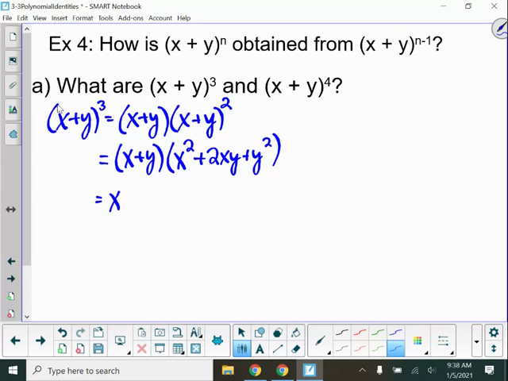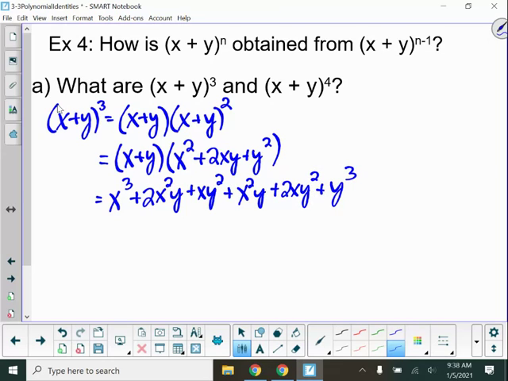So we have x cubed plus 2x squared y plus xy squared plus x squared y plus 2xy squared plus y cubed. Go through and combine your like terms. I have x cubed plus, I have 2x squared y and 1x squared y, so that's going to be 3x squared y.